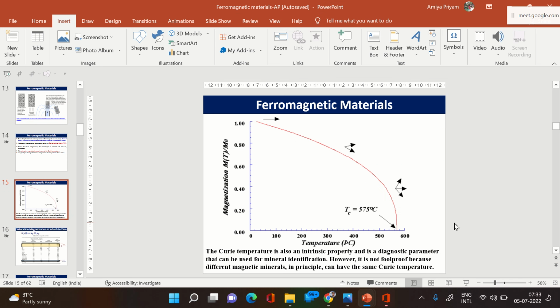So everything that we are talking about, alignment of spins and saturation magnetization, is below the Curie temperature, where spins are in order in a particular arrangement. Alignment is there, and above this temperature all that order is gone. It is totally random.